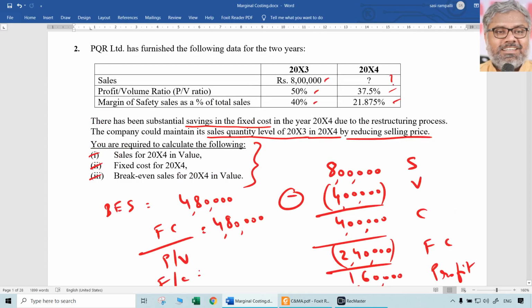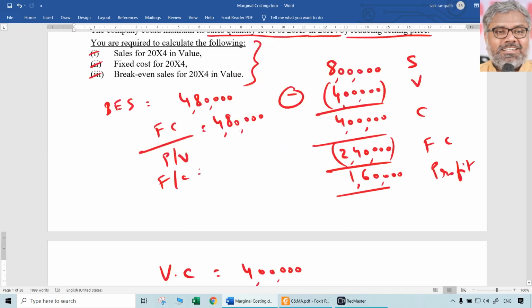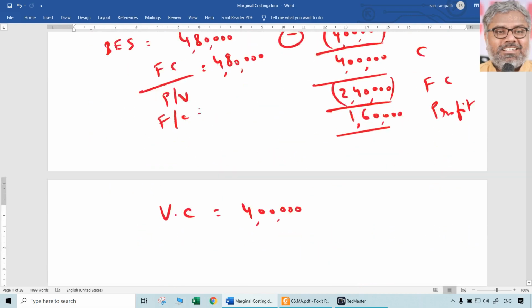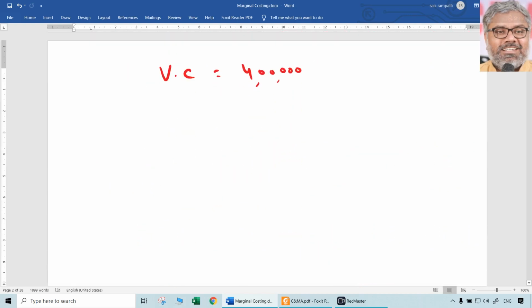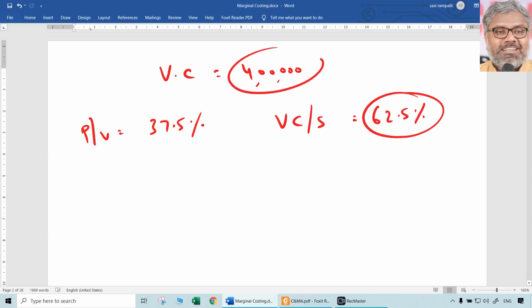But other data related to next year is there in the form of percentages. Look at the PV ratio for next year. PV ratio is 37.5%. So simple logic: if PV ratio is 37.5%, what will be the variable cost to sales ratio? That is complementary to it. 100 minus 37.5, so 62.5% is the variable cost to sales ratio. In other words, this 4 lakhs is representing 62.5%.